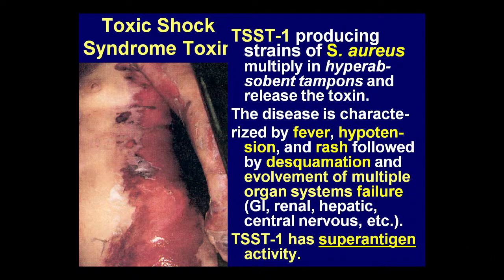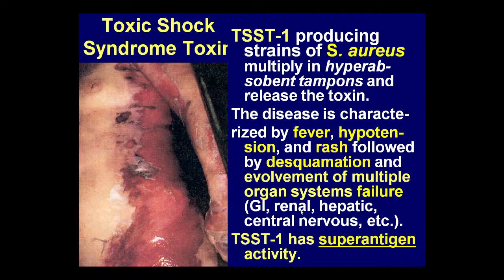Staphylococci may infect hyperabsorbent tampons, nasal and vaginal tampons, and while these strains of Staphylococcus aureus multiply there, they produce this toxin that may cause very severe health conditions, starting with fever and hypotension, rash, then discoloration of the skin, and multi-organ failure.